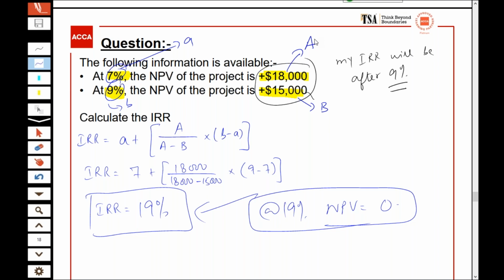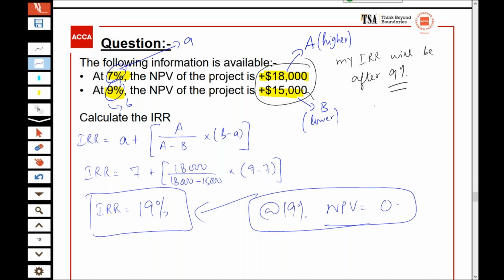Azhar Ahmed, how to decide the A and B: A is something which is higher and B is something which is lower. Is your query addressed well? Okay, that's fine.